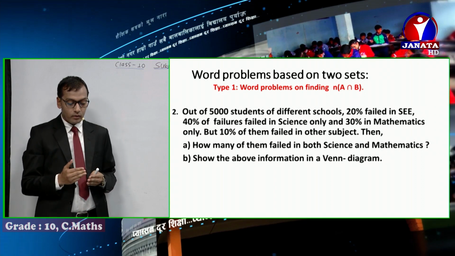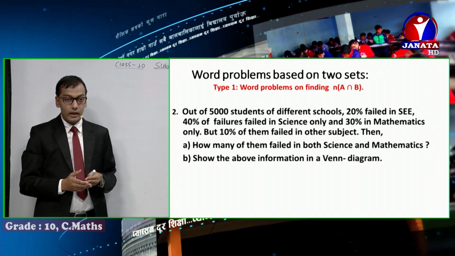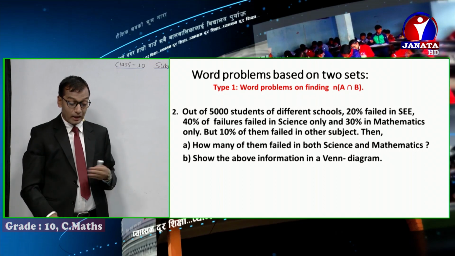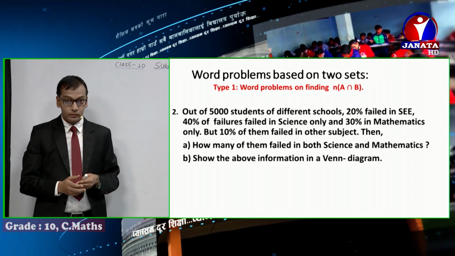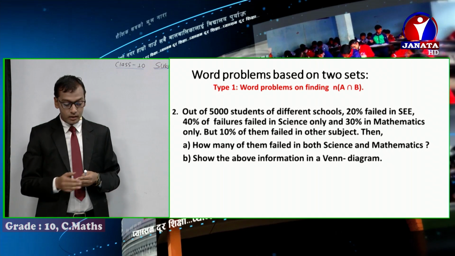Out of the failures, 40% of failed students failed in science only, 30% failed in mathematics only, but 10% of them failed in other subjects. Then we have got two questions. First, how many of them failed in both science and mathematics? Second, show the above information in a Venn diagram.